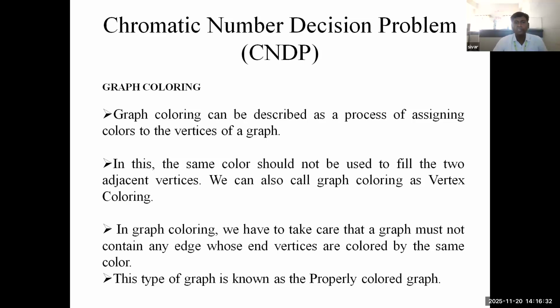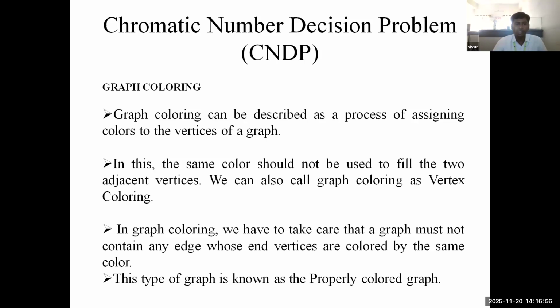Generally, graph coloring can be described as a process of assigning colors to the vertices of a graph. Here, the condition is that the same color should not be used to fill two adjacent vertices. We can also call graph coloring vertex coloring.